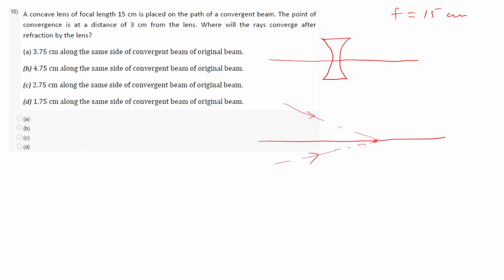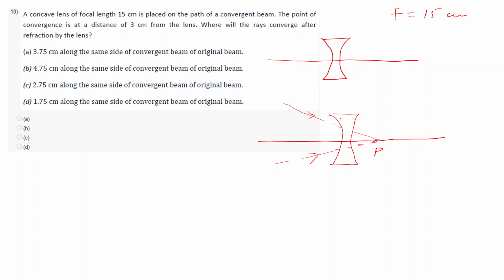If nothing comes in between, it will converge at this point, say P. But if we put this divergent lens in between, so this was the situation. Now I am keeping a diverging lens here, which is a concave lens. So the beam was converging at point P.